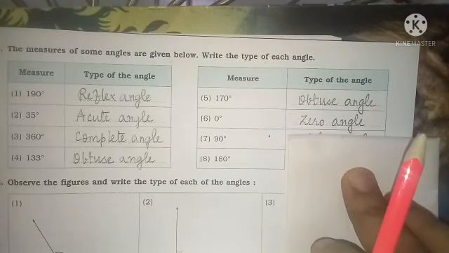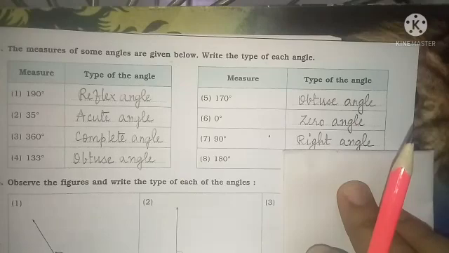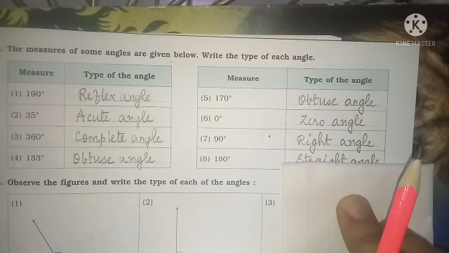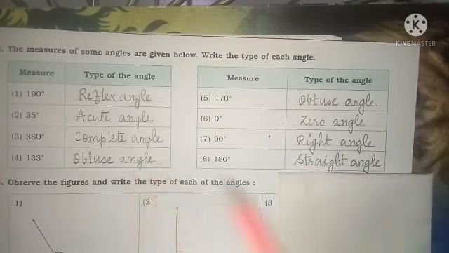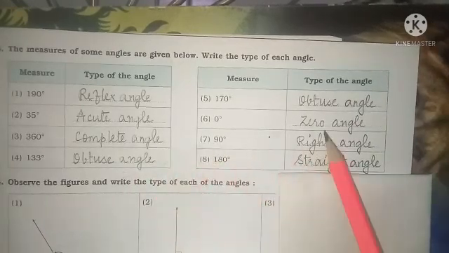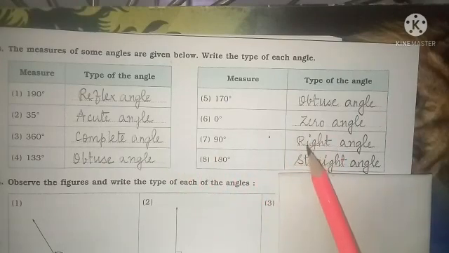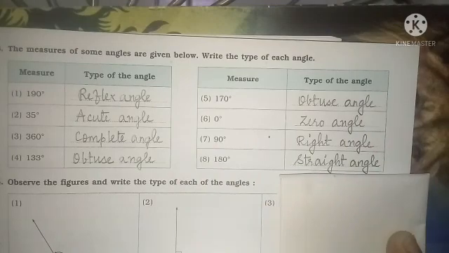It is less than 180 degrees but more than 90 degrees, so again it is an obtuse angle. In the sixth question, the measure is 0 degrees, so it will be a zero angle. In the seventh question, the measure is 90 degrees, so it is a right angle. And in the eighth question, the measure is 180 degrees, so it is a straight angle. Again you are going to copy these answers in your workbook, as I have solved each question for you. Now we are moving ahead with the next question of your workbook.